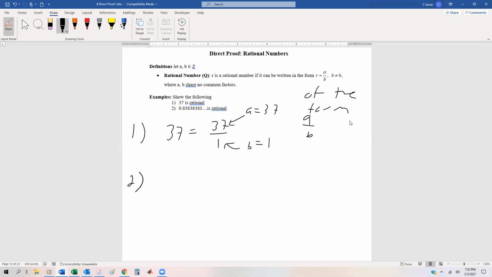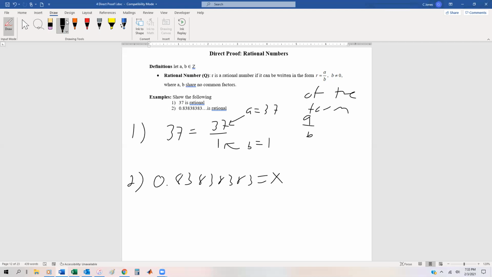A trick that you might have seen is to show that a repeating number is rational. All right, so we have 0.83838383 and so on, and we want to show that that's rational. Let's assign that to the value x. So I'm just going to go ahead and define this as x, right?